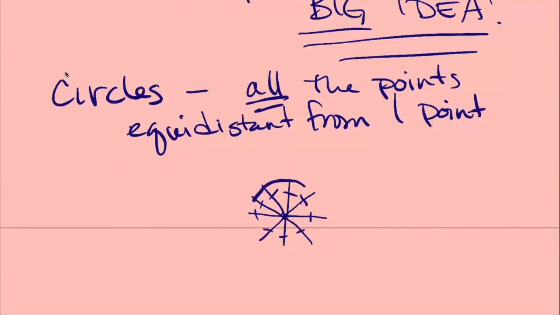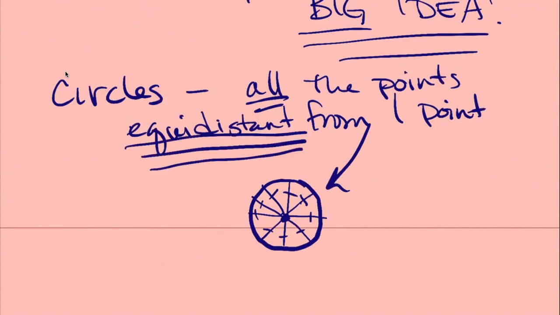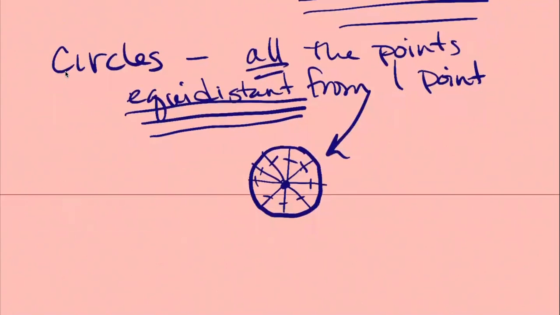And so all the points that same distance from the one point, that's what makes a circle, right? Yes, they're round. Yes, they have 360 degrees. Yes, they don't have any sides. But the key thing, the main idea that we keep thinking about is this distance idea. So all the points equidistant from one point. That's what makes a circle.